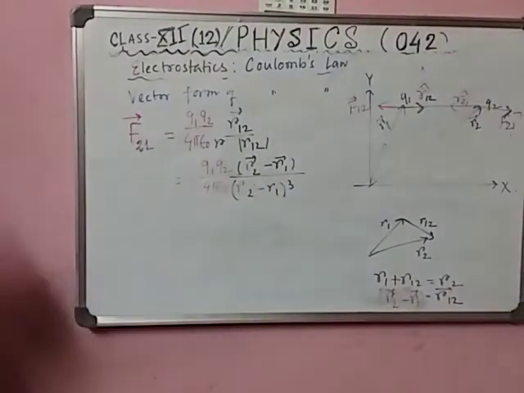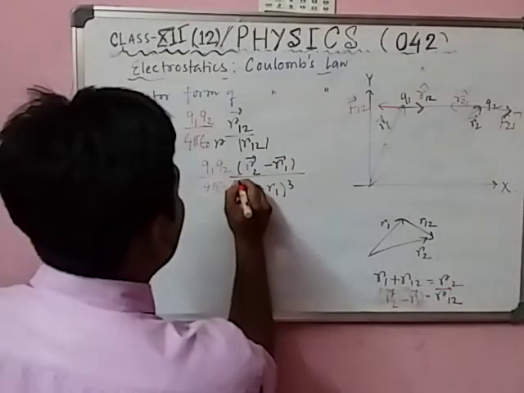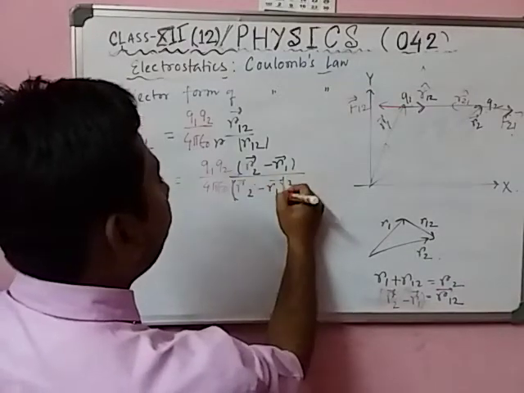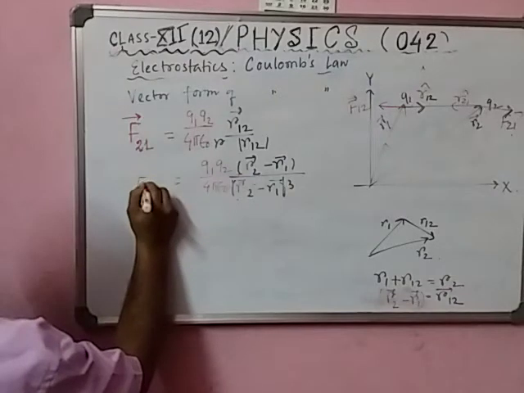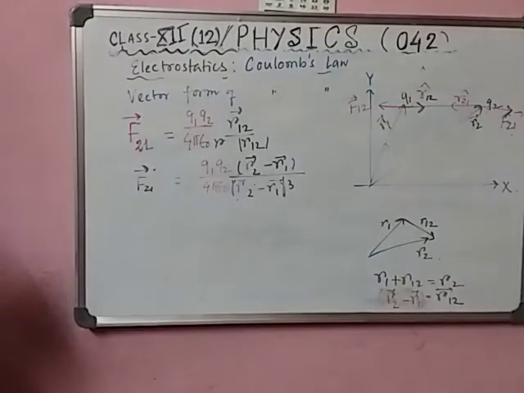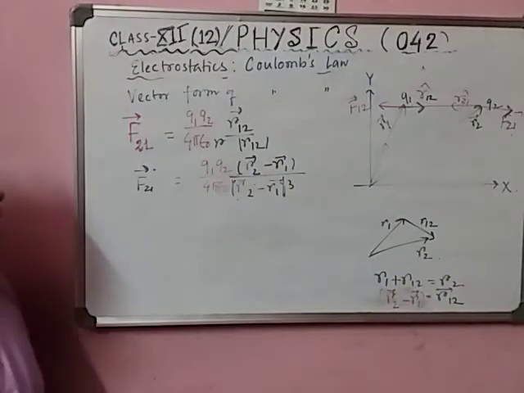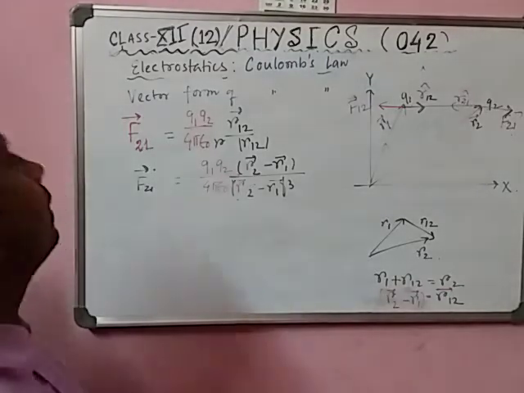This is the magnitude and this is the vector. So this is the vector form of Coulomb's law as a position vector.